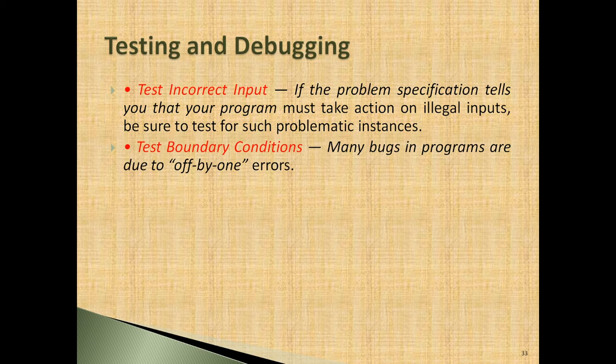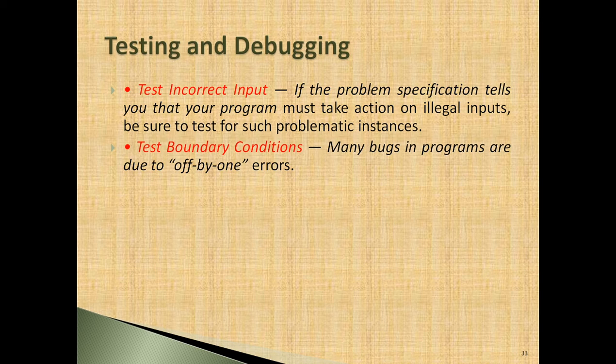Next is test boundary conditions. Many bugs in programs are due to off-by-one errors. That means a very simple error or basic mistake in the code can cause a number of errors within the program. For example, a variable declaration that is not handled properly for the remaining code can lead to many errors.